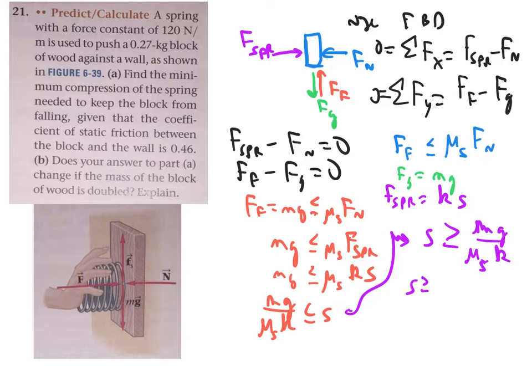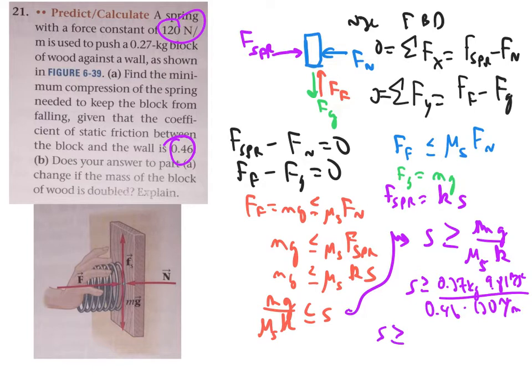So s must be greater than, and now we just put in our values here, 0.27 kilogram times 9.81 meters per second squared over 0.46 times the spring constant, 120 newtons per meter. So the distance s must be greater than 0.04798 meters, or with sig figs, greater than 0.048 meters, or 4.8 centimeters.